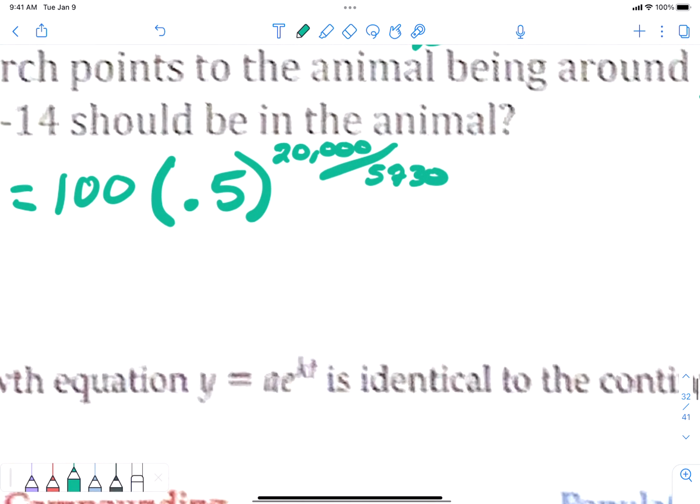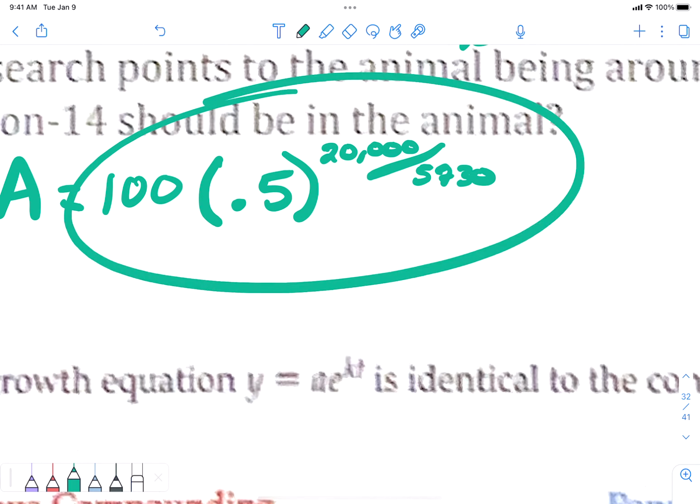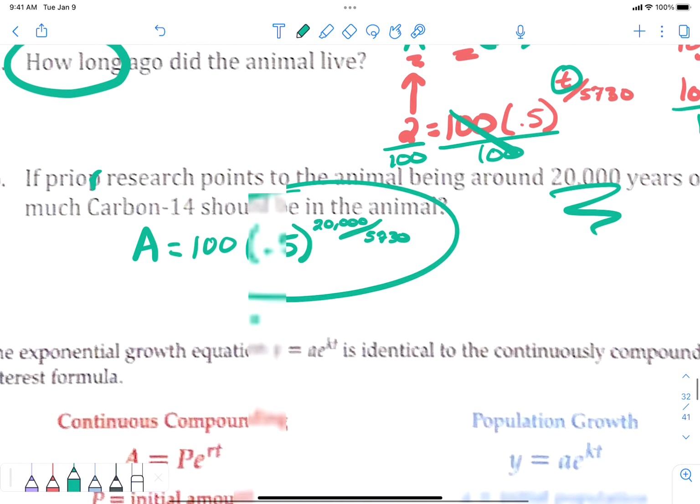Type this into your calculator. 100 times 0.5 to the 20,000 divided by 5730. Try typing it in and see what you get. Oh.